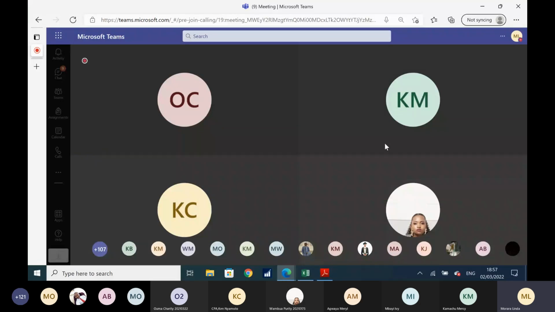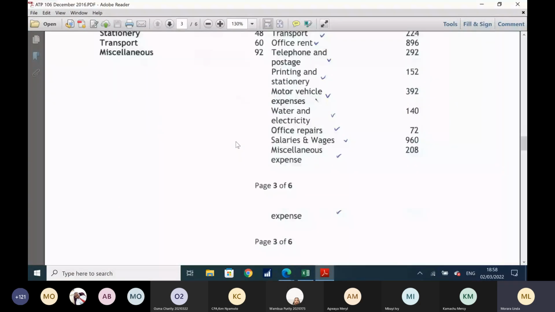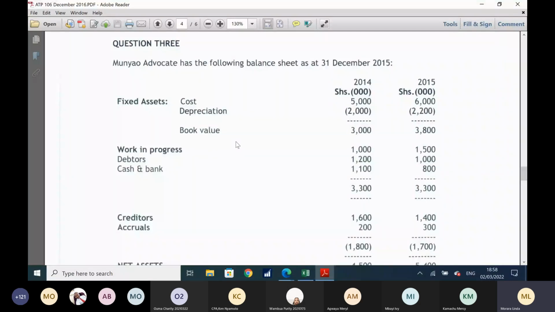Again, we are going to do a question on it. This is question 3. We're being told that Munyao Advocate has this balance sheet as at 31st of December.